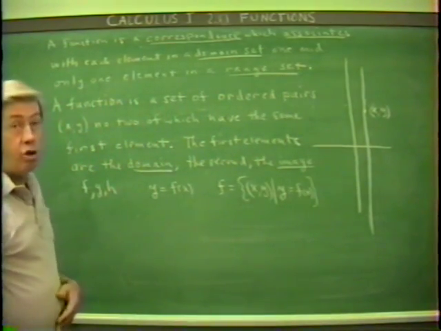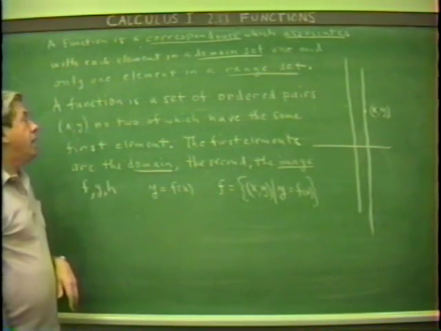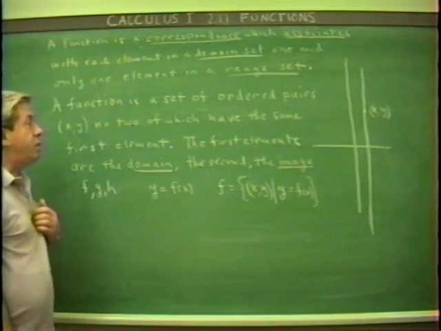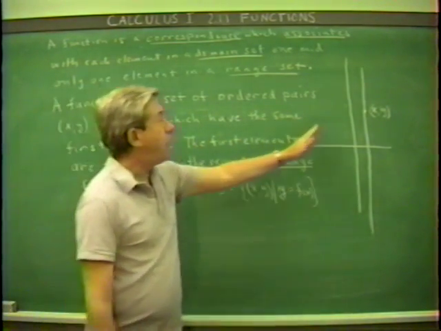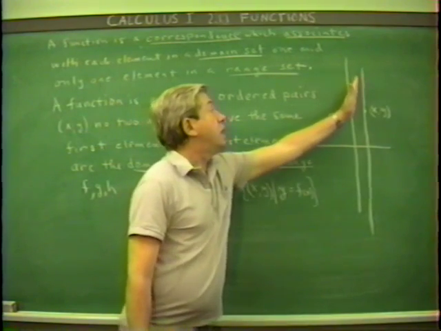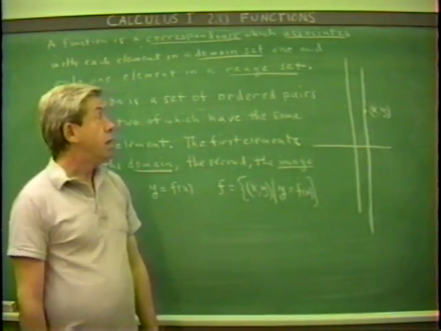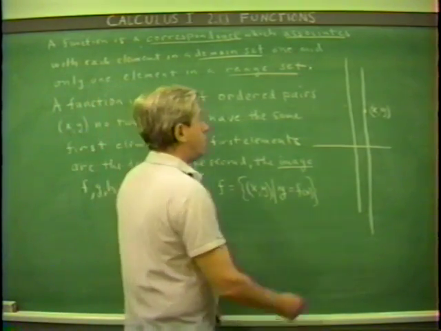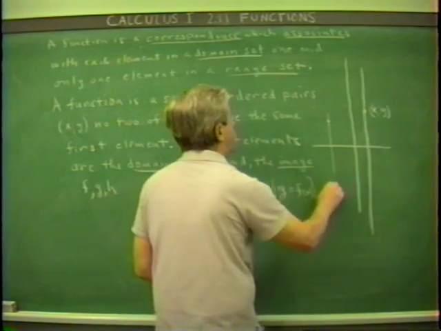So one way to describe a function when we're dealing with pairs of real numbers is that a function is a collection of pairs of real numbers so that the points in the plane corresponding to those numbers satisfy that each vertical line intersects the set in at most one point. There's no second point down here. There may be, of course, a second point over here.